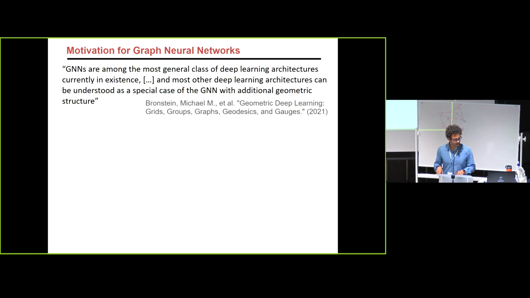But what actually struck me more is, this is the cover from a really nice manuscript. They're going to convert this to a book, I think, by Bronstein et al. But I have also observed this before reading this, that graph neural networks can be thought of as generalizations. When you look at convolutional operations in convolutional neural networks, it's some sort of look at your neighbors, but your neighbors are regularly defined on a grid, on an image.